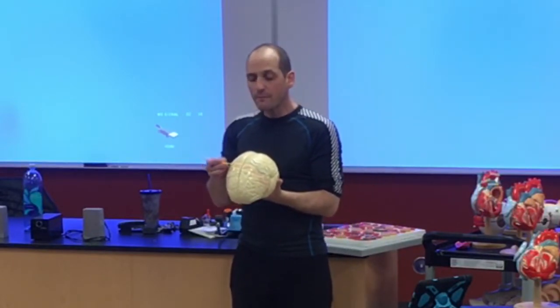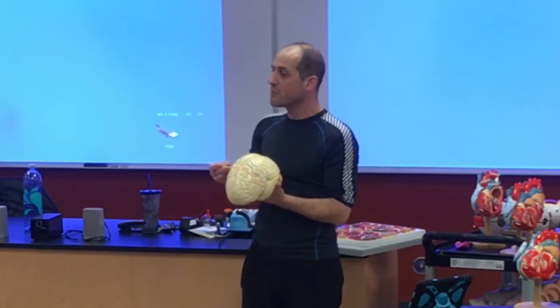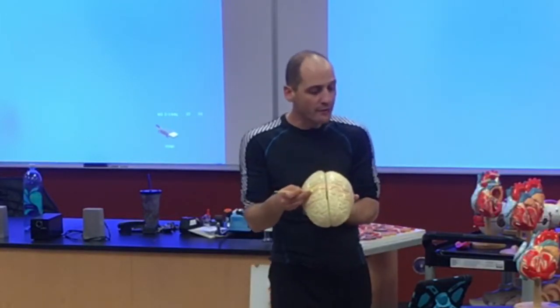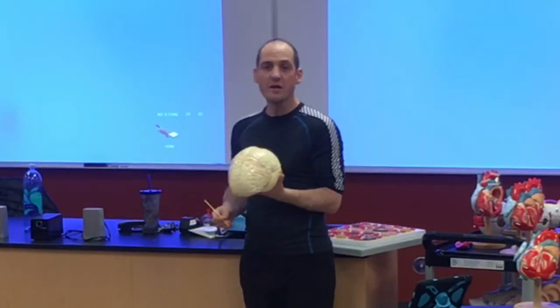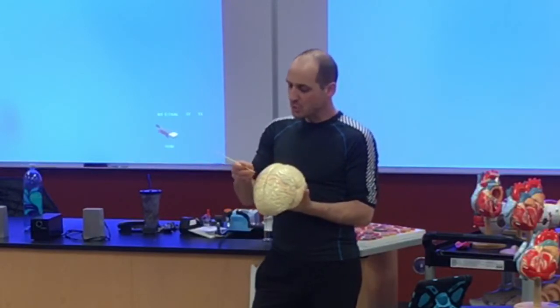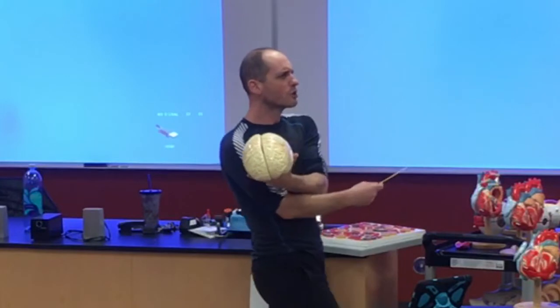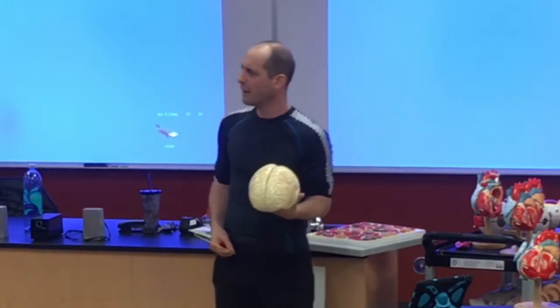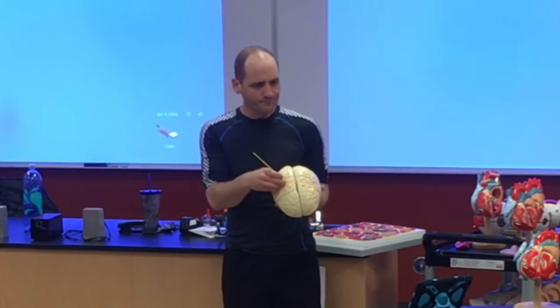So the wiggle, the gyrus, right in front of the central sulcus is known as the precentral gyrus. That happens to also be the primary motor cortex. So that is the place that tells your muscle to contract when you want to walk somewhere. That's the part where the motor commands come from.